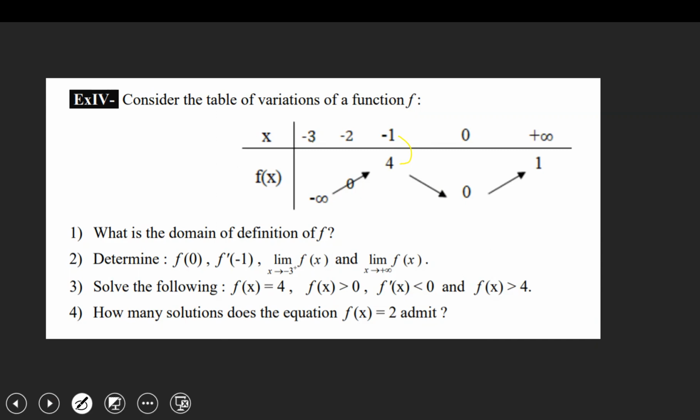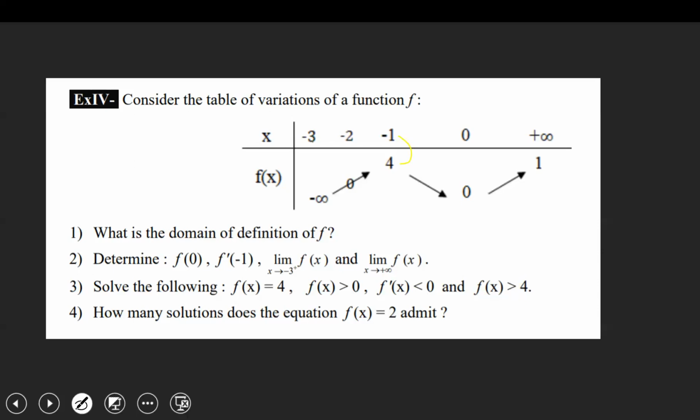Now, I want to solve f of x greater than 0. So when does f of x move through the points of positive ordinate, meaning when is it greater than 0?